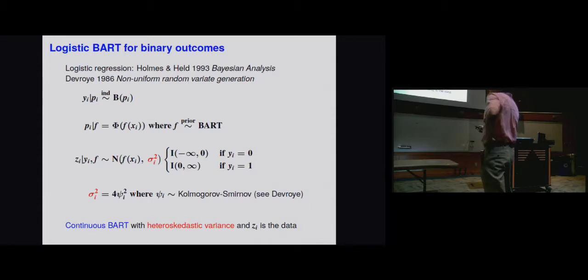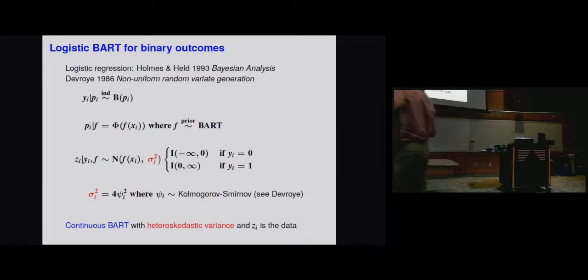The difference here is now the variance is not 1. The variance is 4 times psi squared, where psi is a member of the Kolmogorov-Smirnov distribution, which is a devilish distribution to sample from.